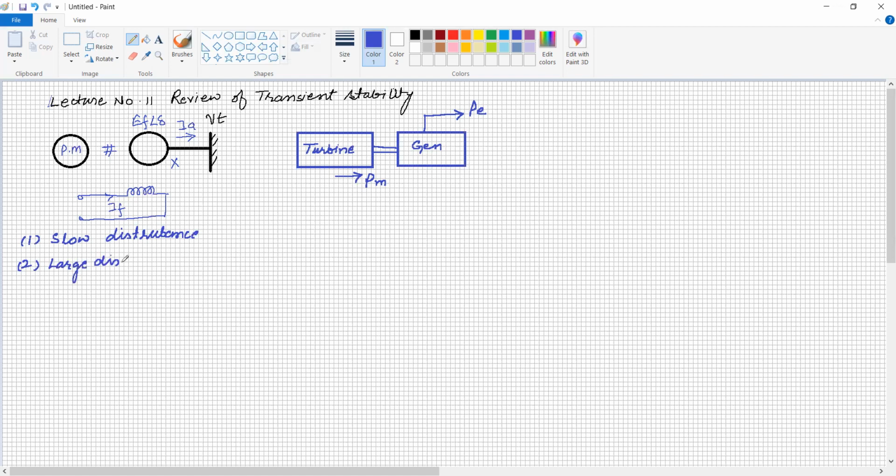A slow disturbance may be the change in load. For example, there is a daily load, and we know the historical data for the change in load. So this change in load comes under the slow disturbance, because we know the demand is going to increase in the evening time.